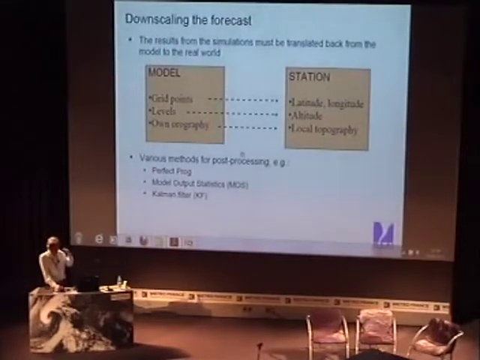When you downscale the forecast, what you do is translate it back from the model grid points, levels, model orography, to the real world. For example, a weather station, or a power plant, or whatever. And to do that, you use post-processing methods. I named 3 here that are the most widely known: perfect prog, model output statistics, and the Kalman filter. As I said earlier, these methods have a purpose, to increase the accuracy of the forecast.